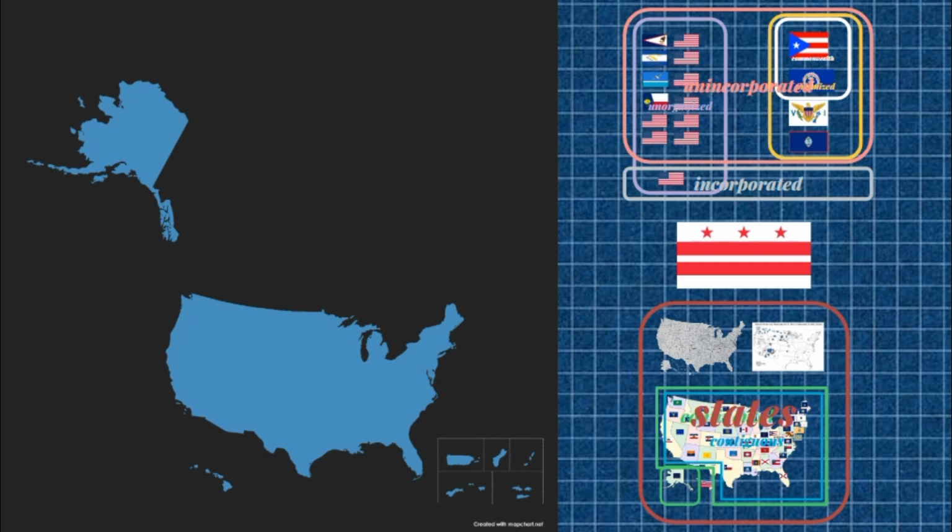Now, what about organized incorporated? Well, that doesn't exist. Why would it exist? That's stupid. Actually, it used to exist. The last territory to hold this was Hawaii, because it's basically the first thing you need to do if you want to become a state.